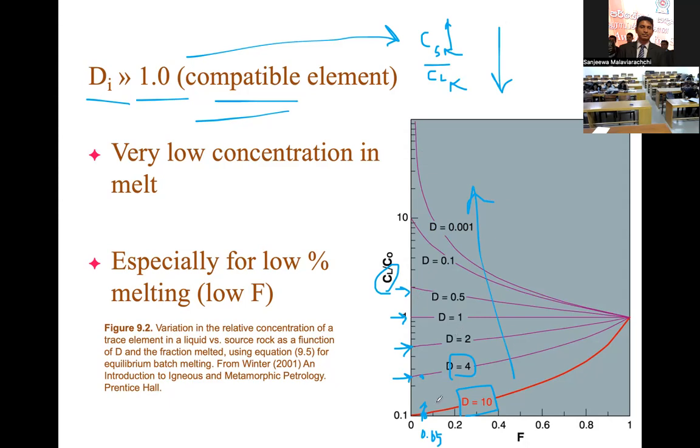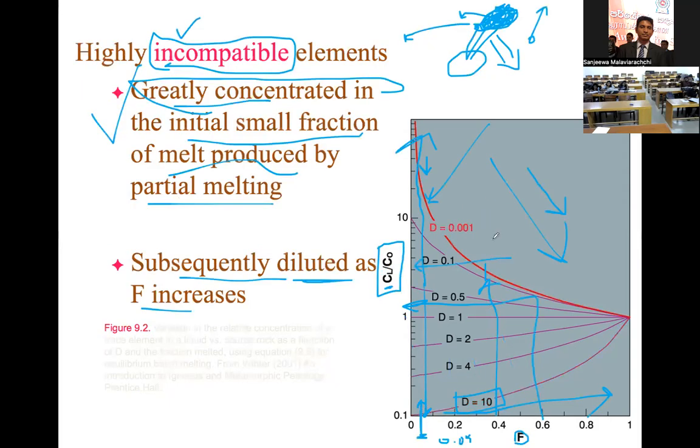But just keep in mind this red curve represents the highly compatible element and its concentration within the produced melt. In the previous case, this red curve showed the concentration of the highly incompatible element within the produced melt, which is highly enriched.